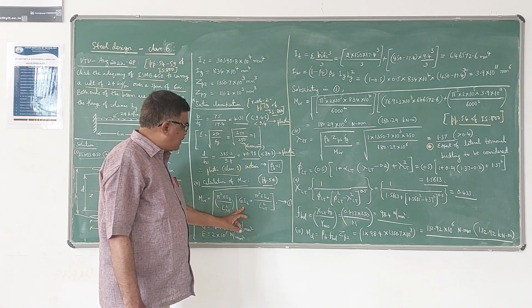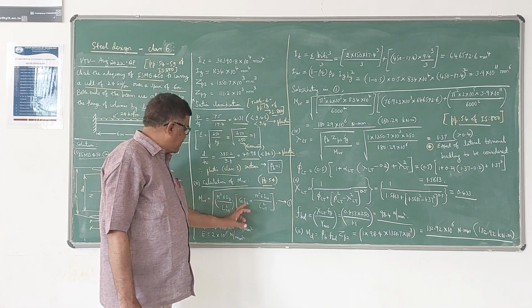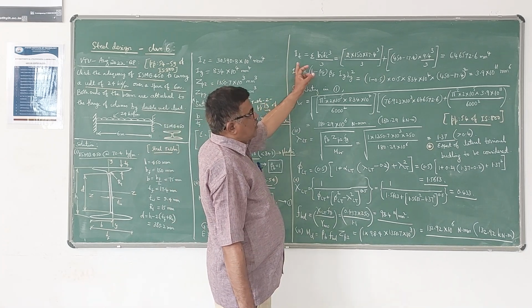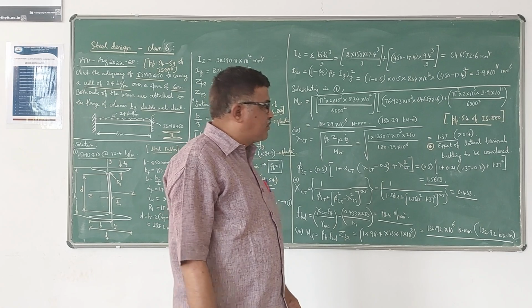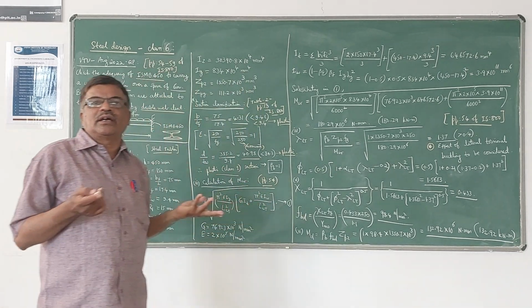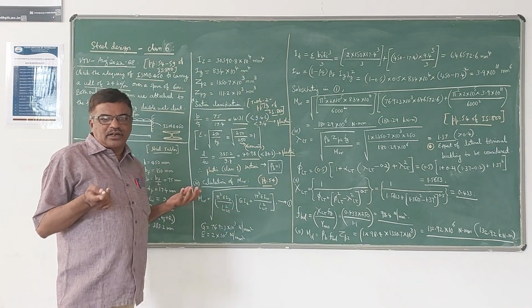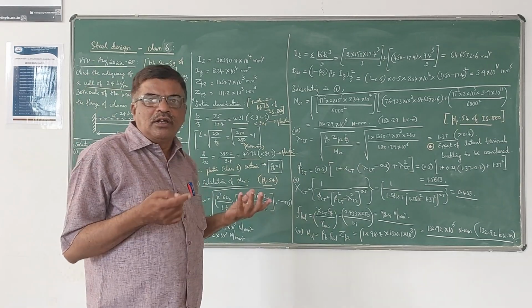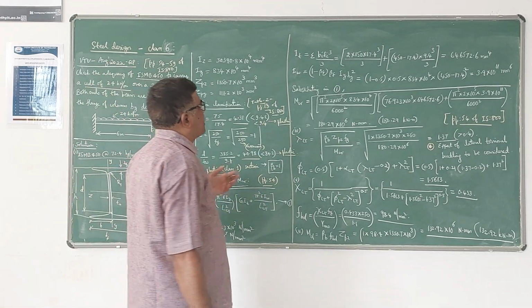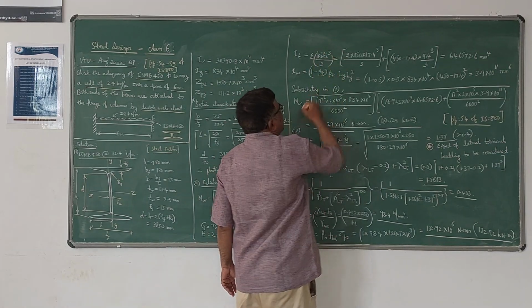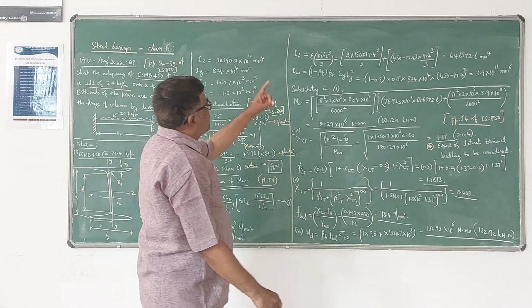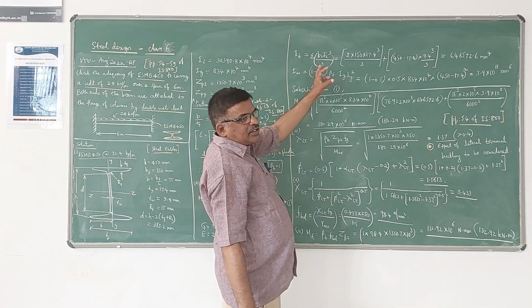Then you have to calculate this Iw and It. It is the torsional constant. Iw is called the warping constant. Because I have told in the last class that non-circular sections, when they are subject to torsion, a warping effect will be there. So this It is given by summation of b t cubed by 3. You have to calculate this for both flange and web.